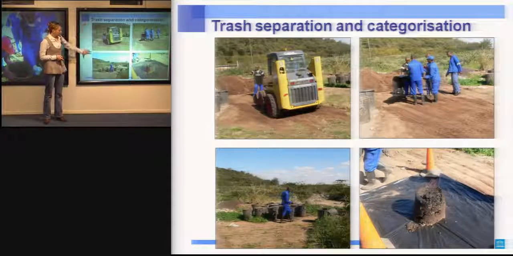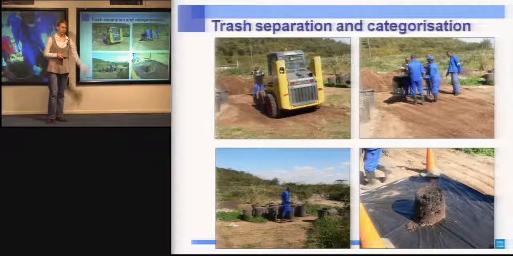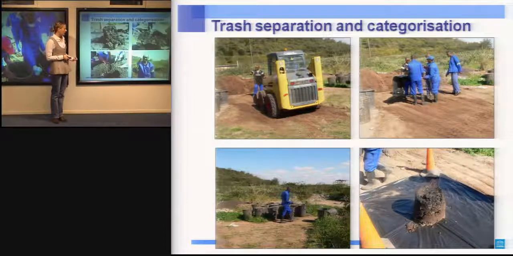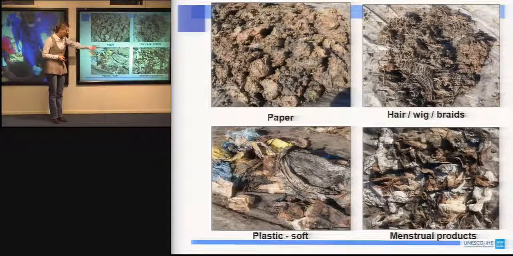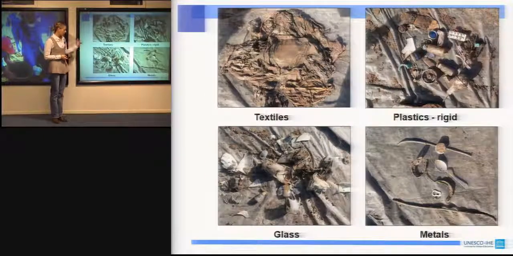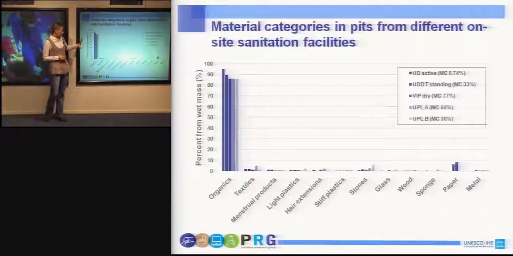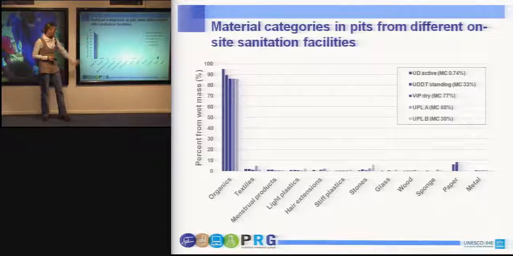We did a manual categorization from 3 or 4 different on-site sanitation facilities. And then we categorized them by different material groups, such as paper, soft plastics, hair extensions, menstrual products, textiles, glass, etc. So what was the distribution?